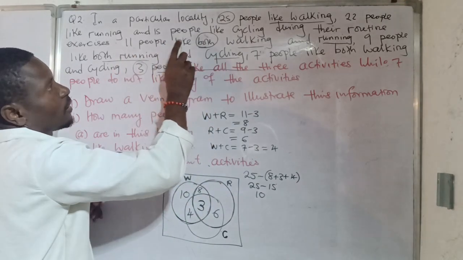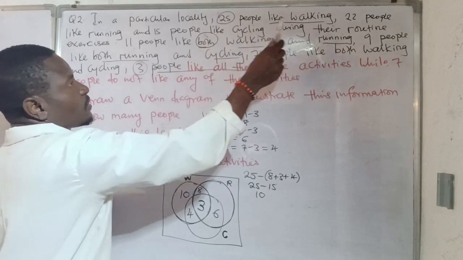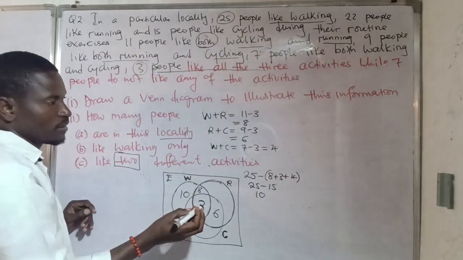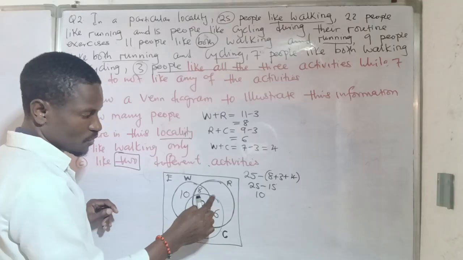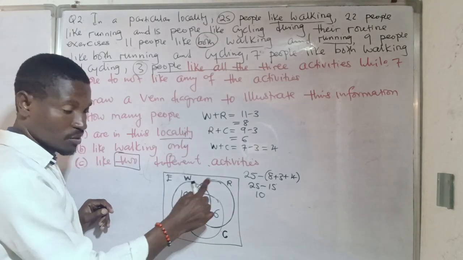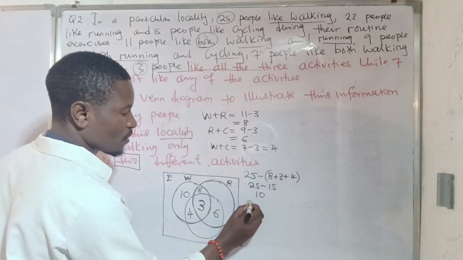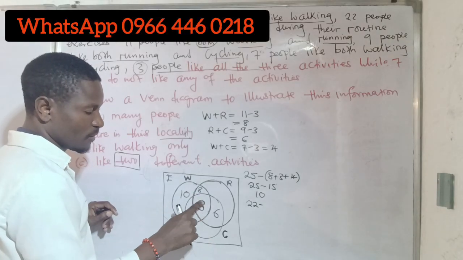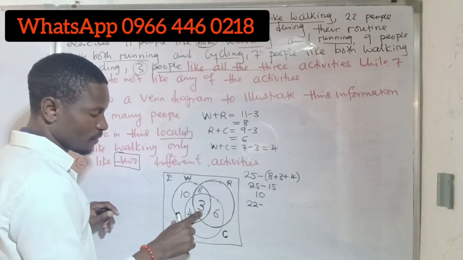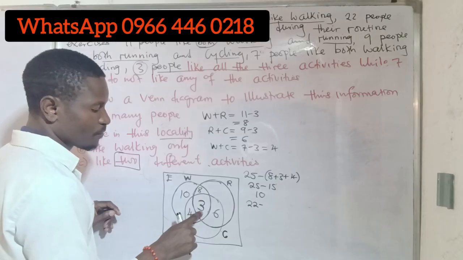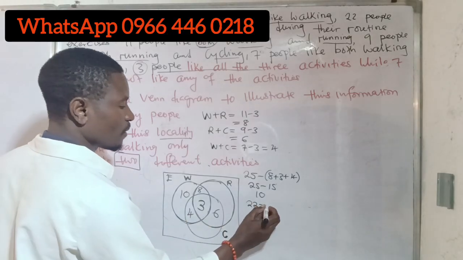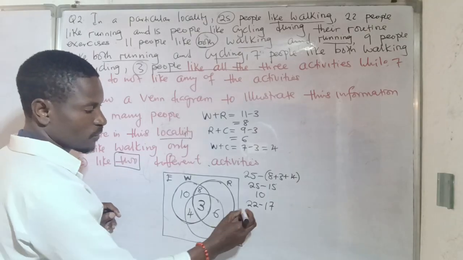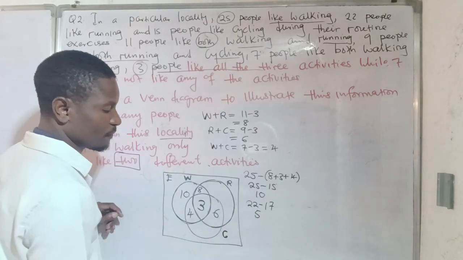They are saying 22 people like running, so the total of this should give us 22. So 22 minus, 8 plus 3 is 11, plus 6, you get 17. Once you subtract here, you have 5.